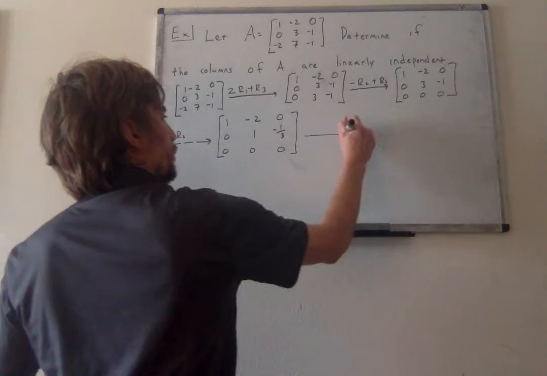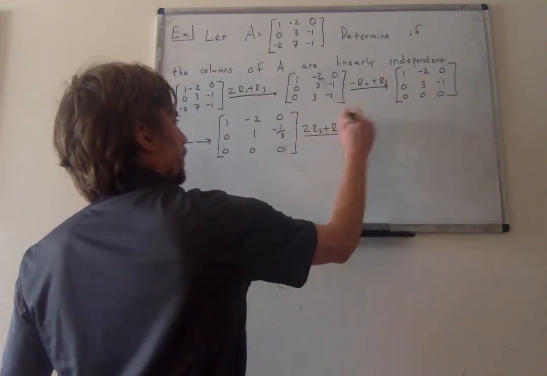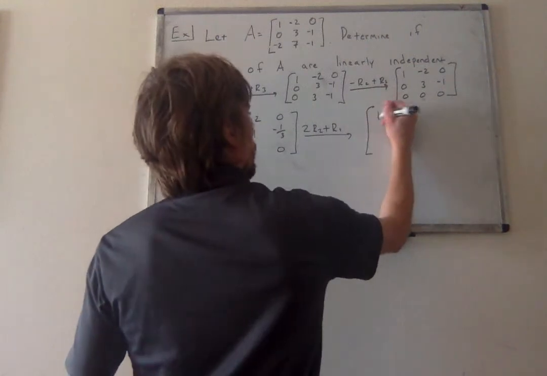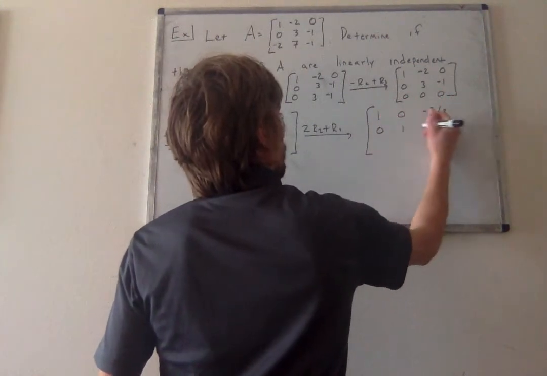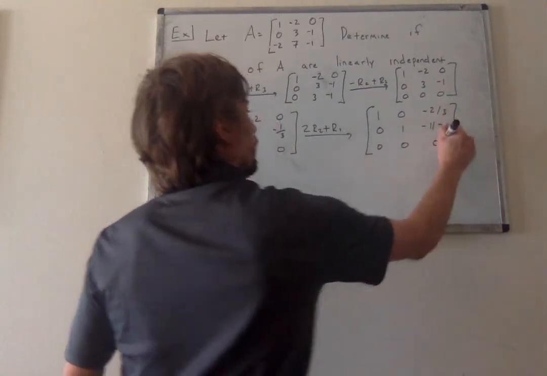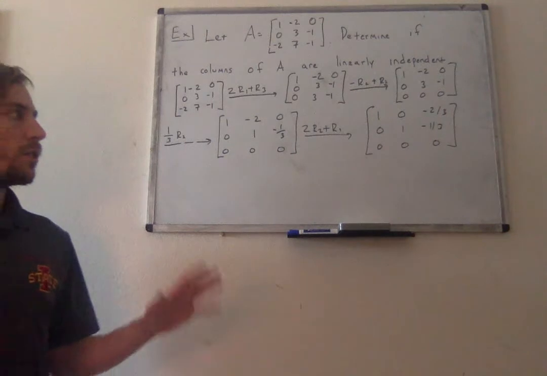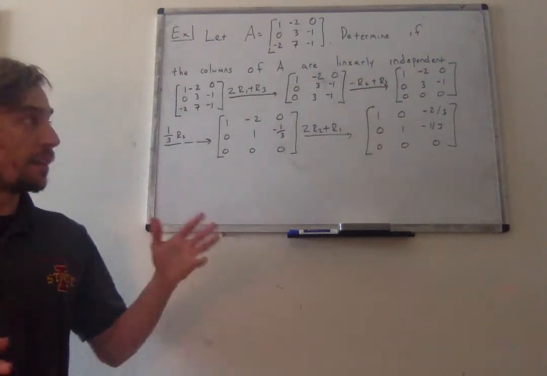And finally, we want to do 2 row 2 plus row 1. I chose this because I wanted to look at an example of what it looks like when we get something that's not linearly independent.